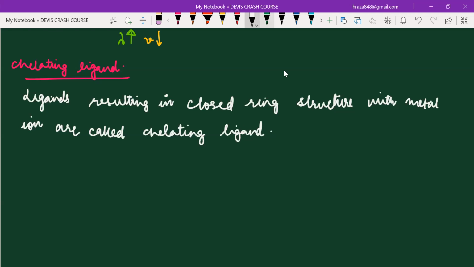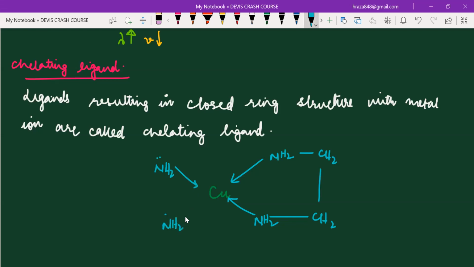So as for example, you know EN, ethane 1,2 diamine. So as you know, this is your NH2 and this is your CH2, and this is also your CH2 and this is your NH2. And again this is your NH2 and this is your NH2, and again this is your CH2 and this is your CH2.